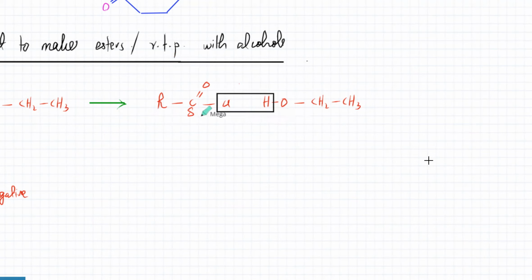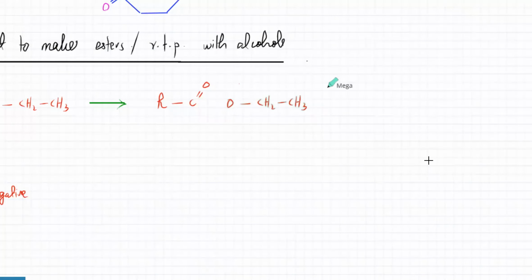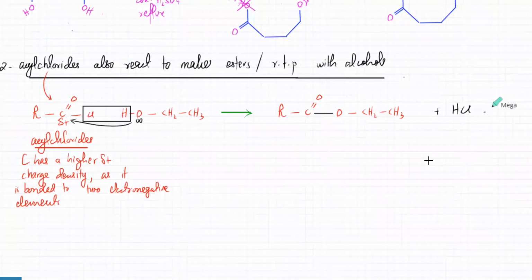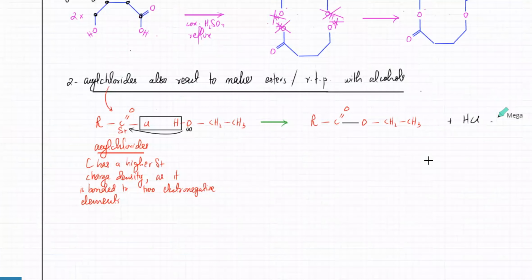So the H and the Cl get knocked out, and these two things join up in the middle. They form the exact same ester link, plus HCl as the byproduct. That's the only difference.